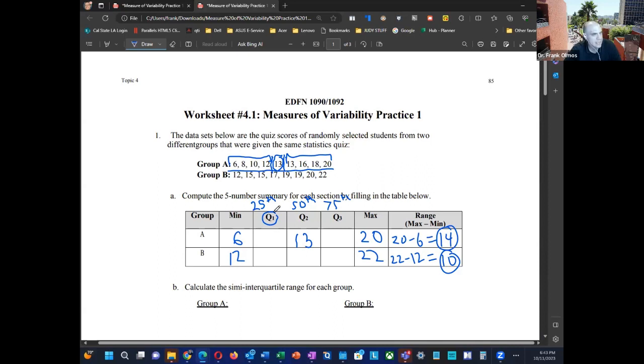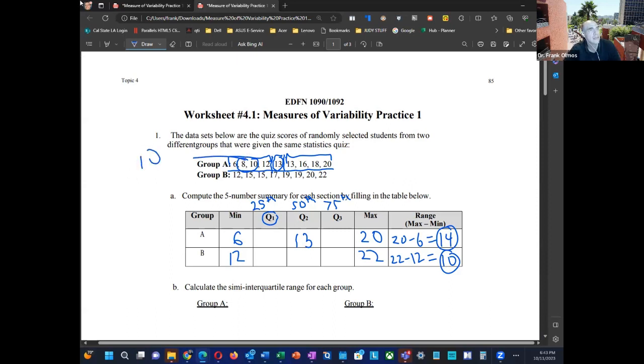As you can see, this is an even set of numbers: 6, 8, 10, 12, that's 4. So you get the middle 2, add them together, and divide by 2 to get the median.